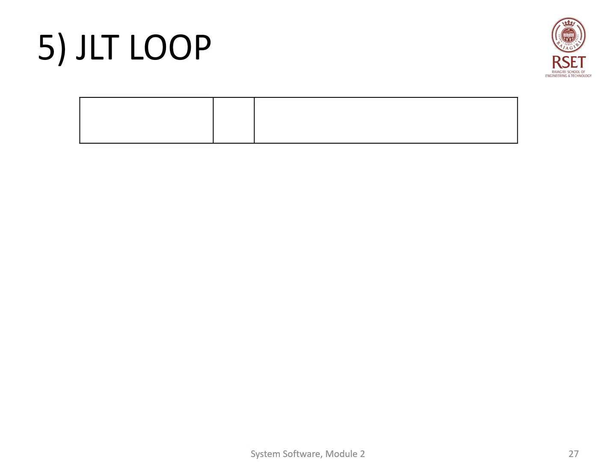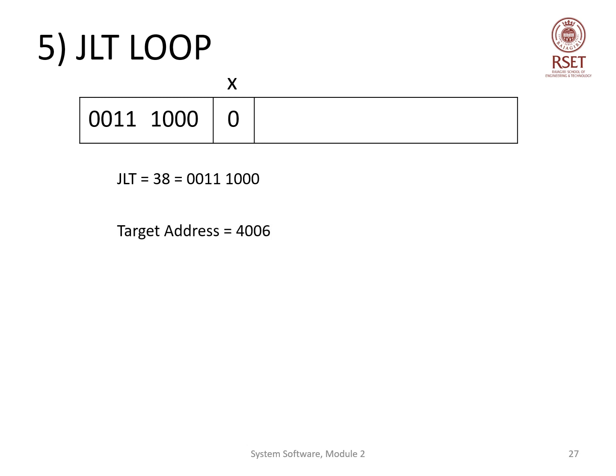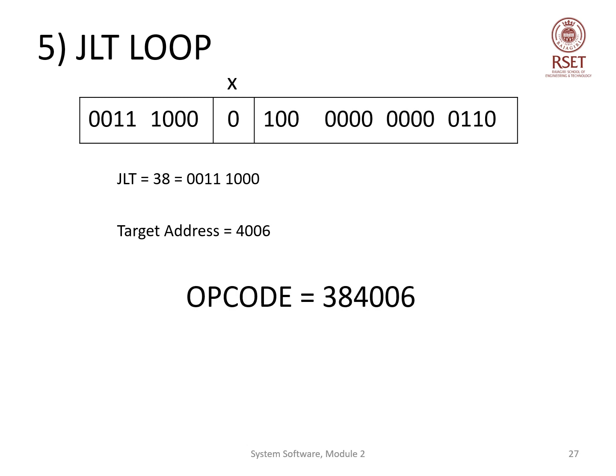JLT loop. Again the same instruction format. X value is 0. JLT has the opcode 38. It is straight away written in the first column. And the right column has to have the target address of loop, which is nothing but 4006. Again it is written in 15 bits. So the opcode is 384006. STA total.